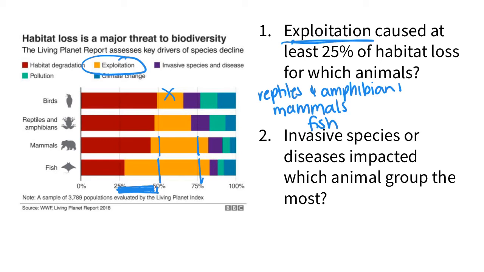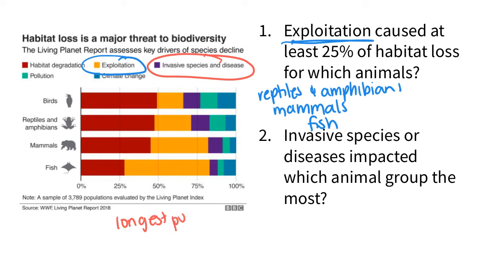Wonderful. The next question asks us to answer this. It says invasive species or disease impacted which animal group the most? So which animal group was impacted the most by invasive species and disease? So here's invasive species and disease, and I'm looking for the longest purple bar.